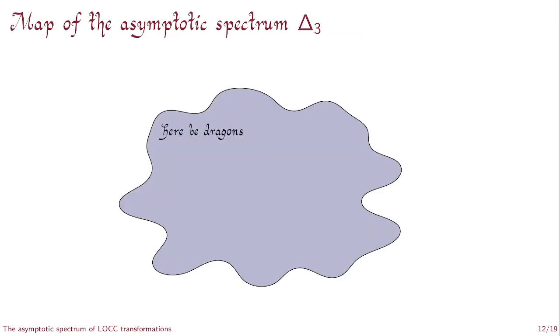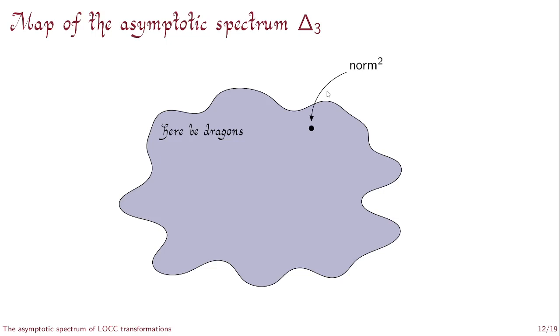Right, and there's also a nice picture behind this. If we fix now K to be 3, so we have 3 parties, then we can draw a picture of these. So this shape represents the asymptotic spectrum of LOCC transformations, which is not a well understood object. So that's why I use this irregular shape.